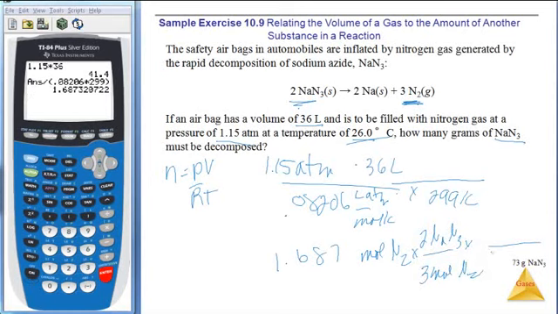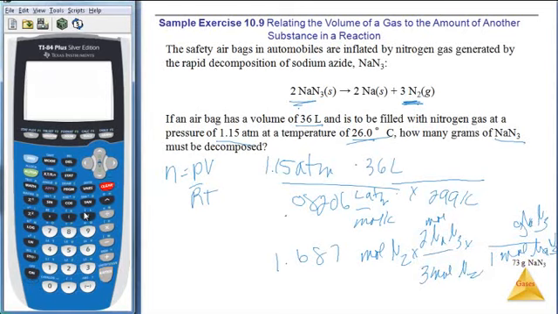I also know the molar mass of sodium azide: nitrogen's 14.01 times 3, plus sodium 22.99. That's my molar mass, and this is 65.02.